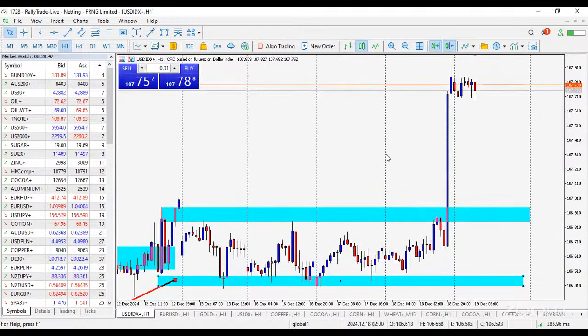So the dollar index has been on a range. By range, we mean it has been playing between two prices. This is the high price, this is the low price. For the first day, second day, third day, fourth day, it broke out because of the news.